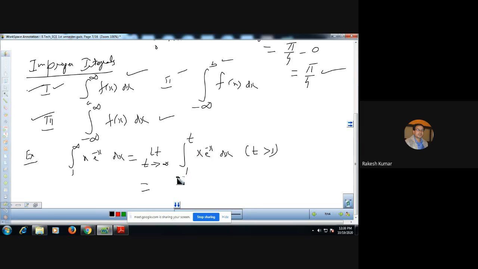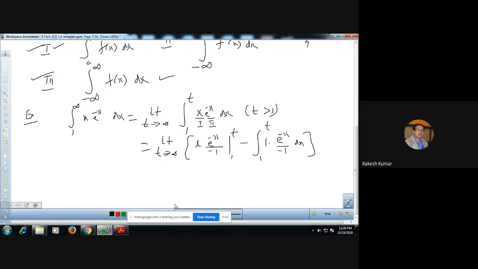So limit t approaches infinity, integration by parts: first function as it is, integral of second within the limits 1 to t, minus derivative of first, integration of second within the limits 1 to t.